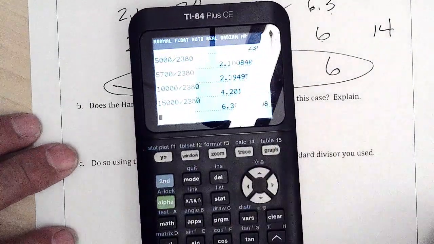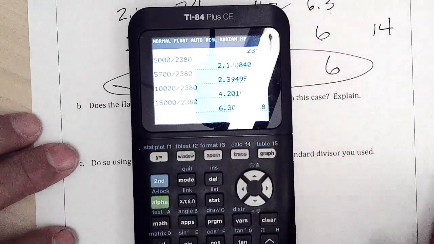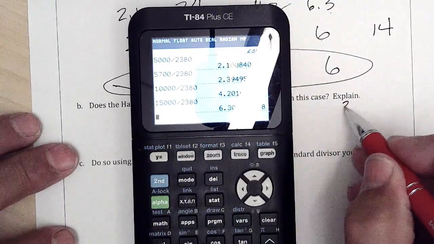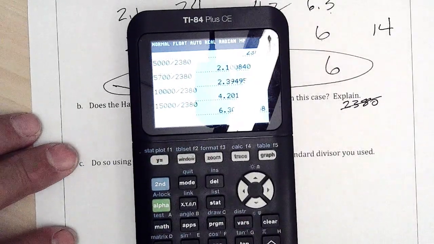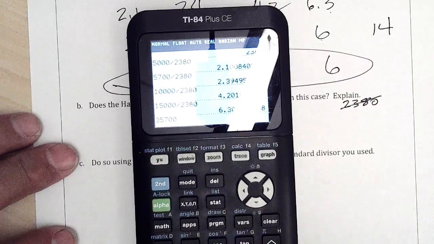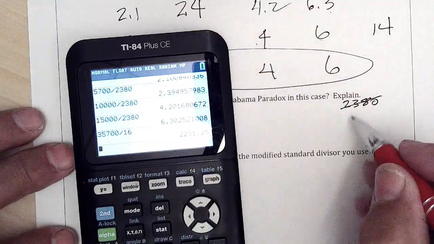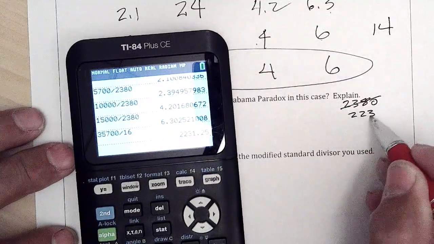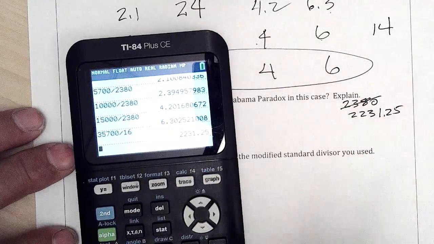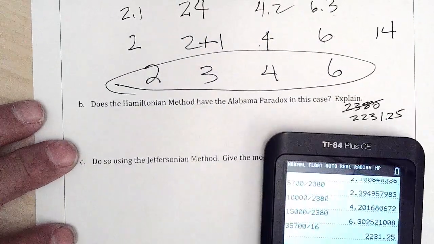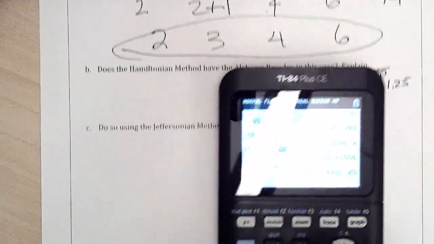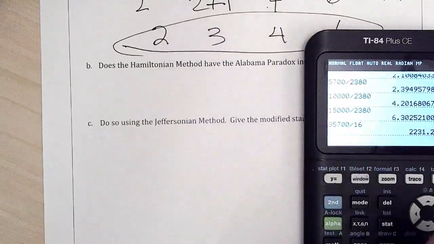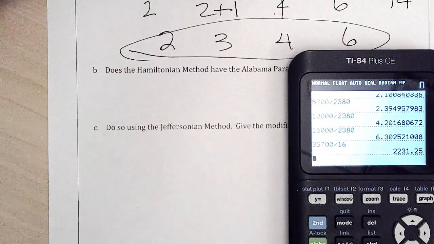So if we add a representative, that would make our standard divisor not 2380, but 35,700 divided by 16, which is 2231.25. And now how does it work? Let's see.